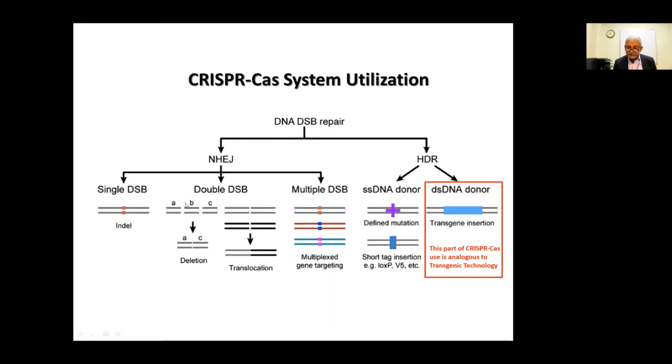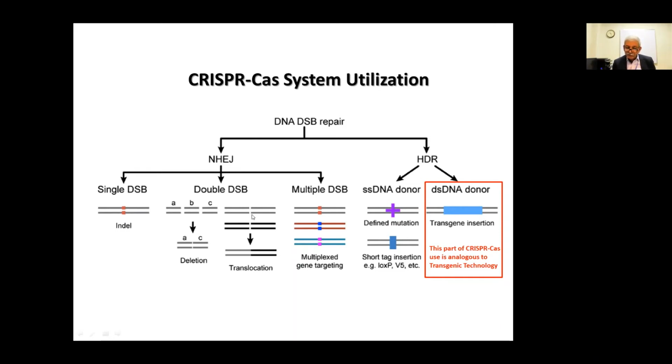If you have double-stranded DNA breaks which are close to each other, okay, then you can lose this fragment because these ends are usually blunt. A blunt end can join to a blunt end, and you have a big fragment deletion in that case.